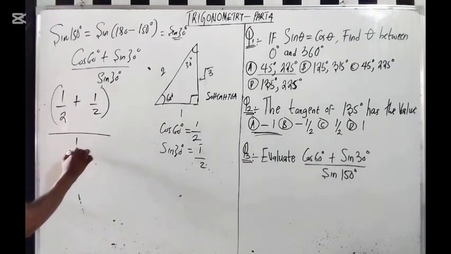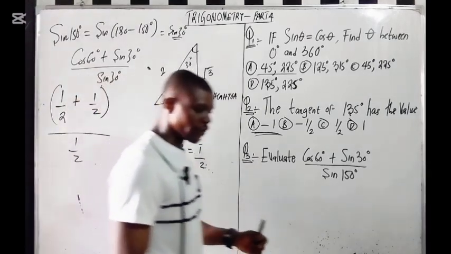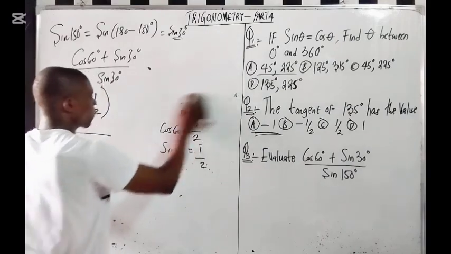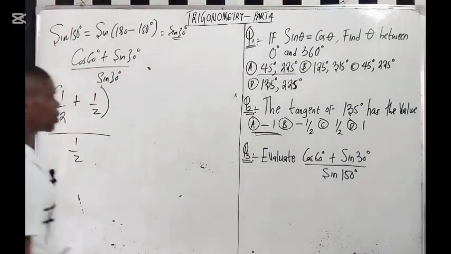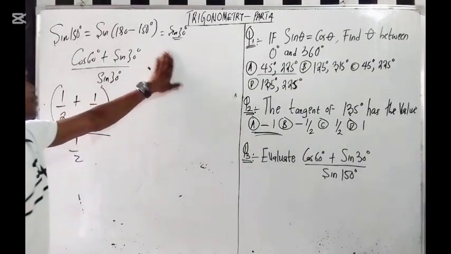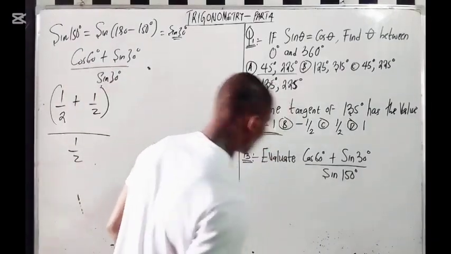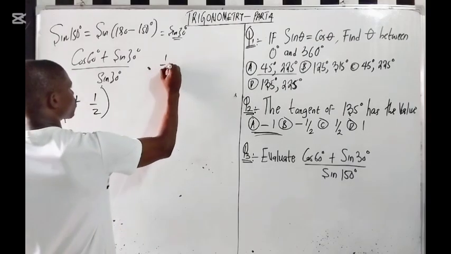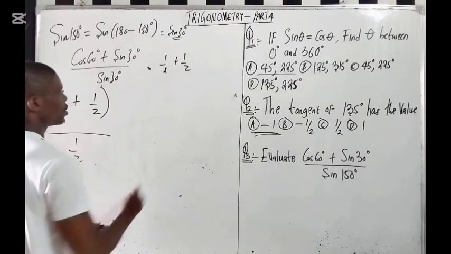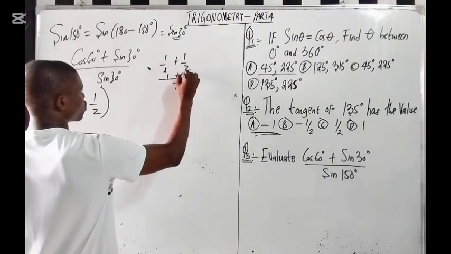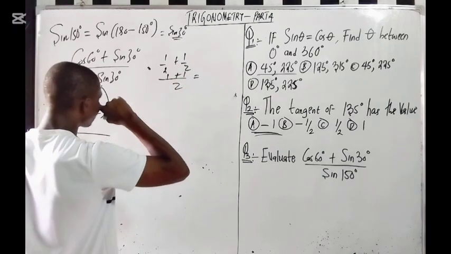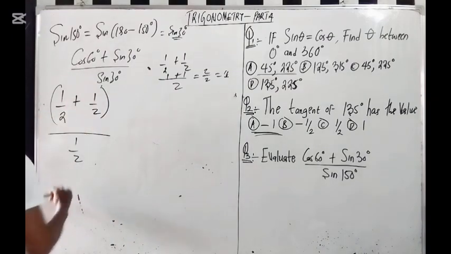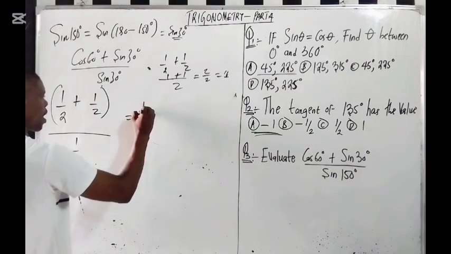Divided by 1 over 2. So I want to use fractions in solving it. Let's evaluate the first part here: 1 over 2 plus 1 over 2 is 1 plus 1 over 2, which is 2 over 2, which is 1.